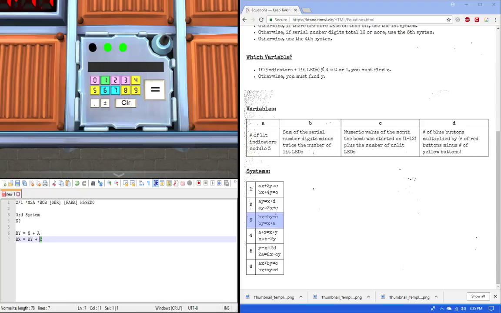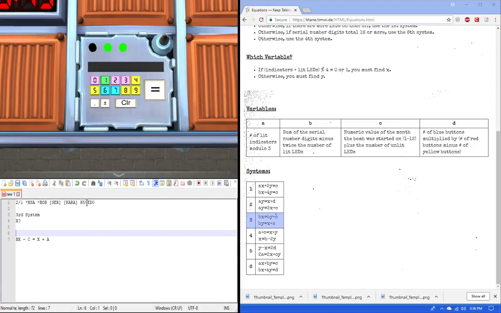If we subtract c on both sides, we get bx minus c equals by. And you see by, it's by itself. So we can do a substitution here. We can substitute by for x plus a, because by is equal to x plus a. Now we've gotten rid of all the y's in our equation, so we're left with just x's that we need to find.